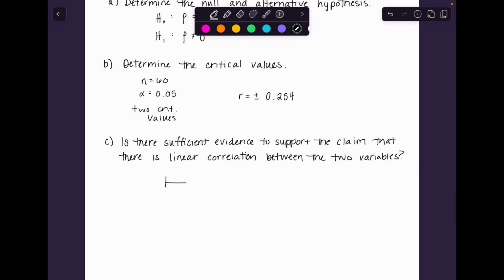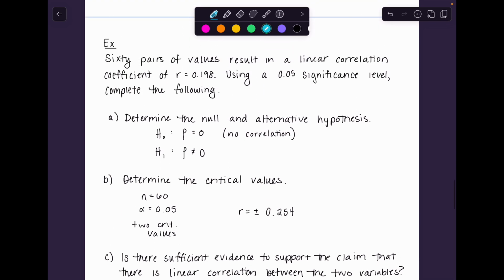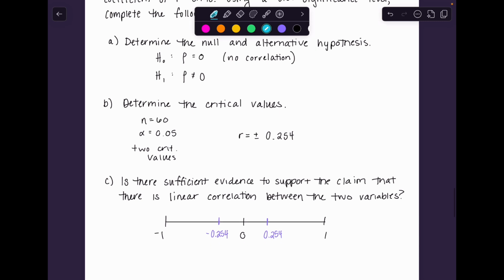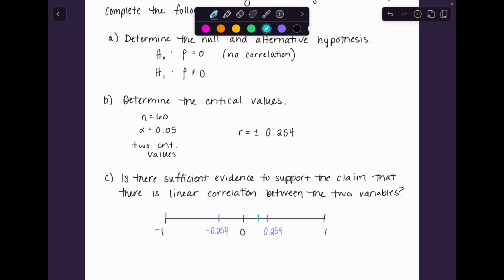So putting my scale out here, -1 and +1 are my endpoints with 0 in the middle. My two critical values are 0.254 and -0.254. And if I look back at my R value, it's positive 0.198. So that value falls right here.